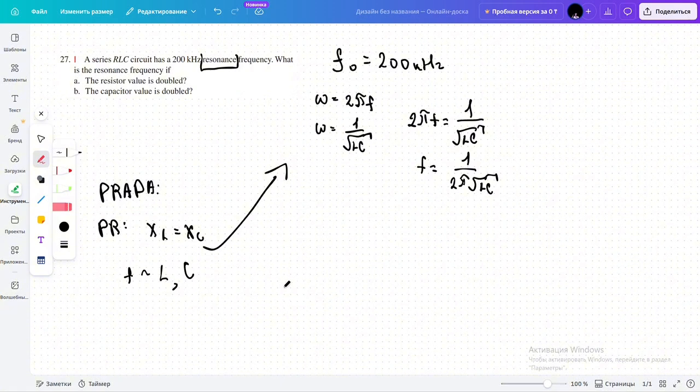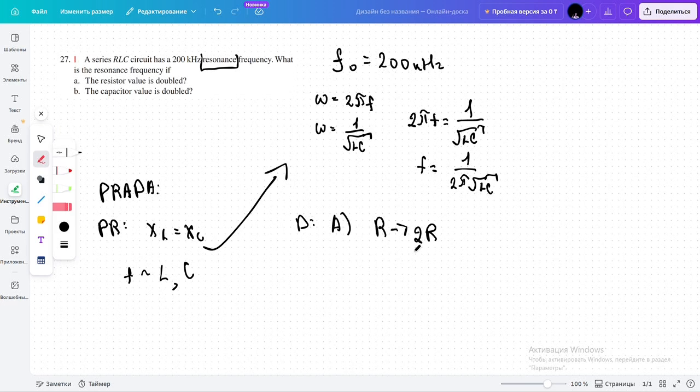So the next thing is decomposition. Using decomposition, I break the problem into two independent scenarios. In case A, we modify the resistance, we are doubling the resistance.